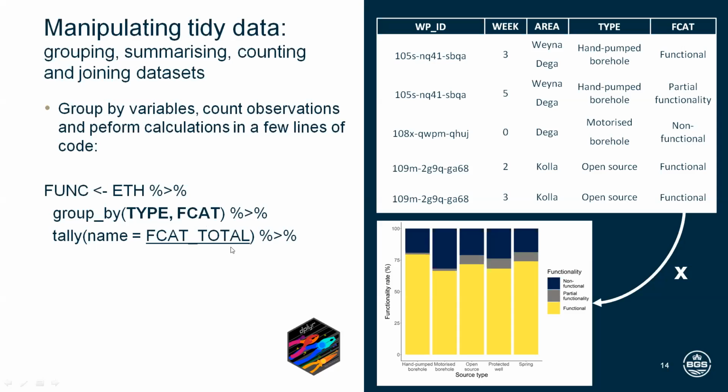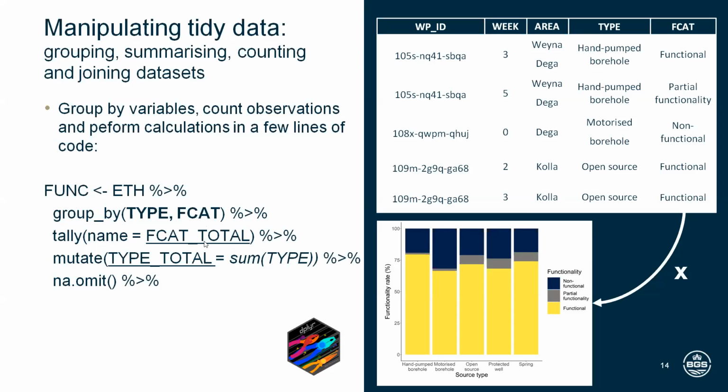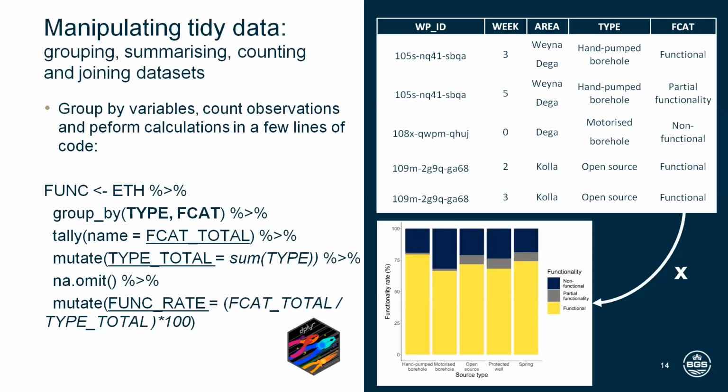That's what this does, and we create a new variable doing that. Then we sum up the number of each type of hand pump boreholes, how many are there, and then we basically calculate a percentage of functional, partially functional, and non-functional boreholes for each water source type.